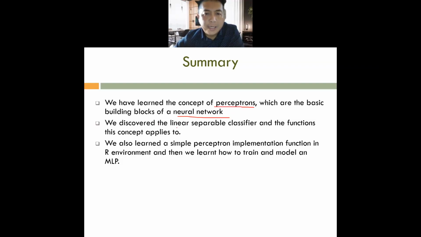We discovered the linear separable classifier and the function this concept applies to. The function is y equals the transpose of the weight times the x vector, which is the input, plus the bias. And also we have the learning rate here. We also learned a simple perceptron implementation function in the R environment, and then we learned how to train and model MLP as well.